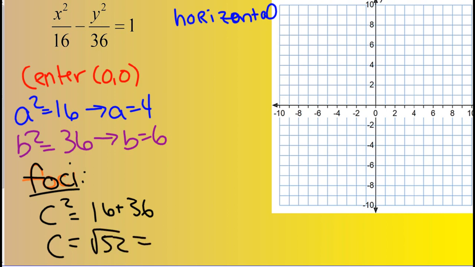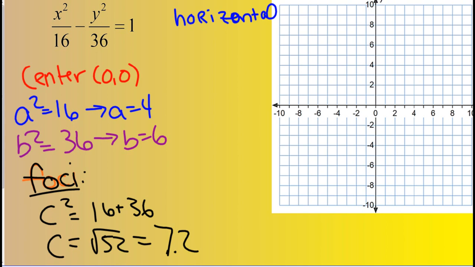And again, we are rounding to the nearest tenth: 7.2. Again, we are using all of these to start graphing. And just like in everything else that we do for hyperbolas and ellipses, our A is our distance from our center to our vertex, our B is our distance from our center to each of the co-vertices, and our C is our distance from the center to each focus.